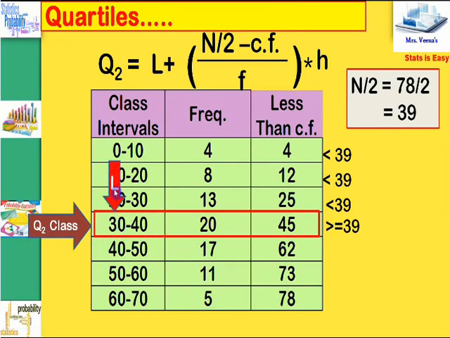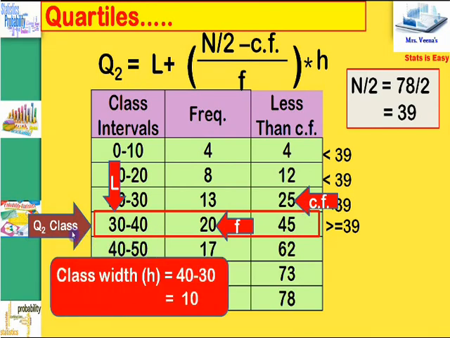L is the lower limit of the Q2 class. f is the frequency of the Q2 class. Cf is the cumulative frequency of the class preceding the Q2 class. h is the class width of the Q2 class, which is 40 minus 30 is 10.